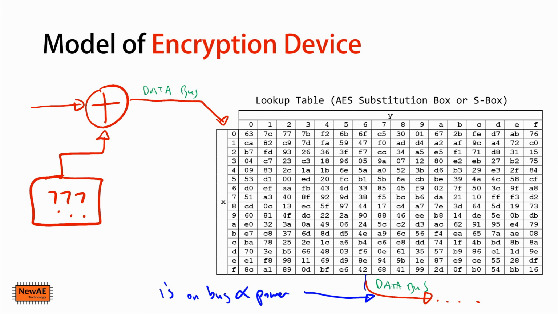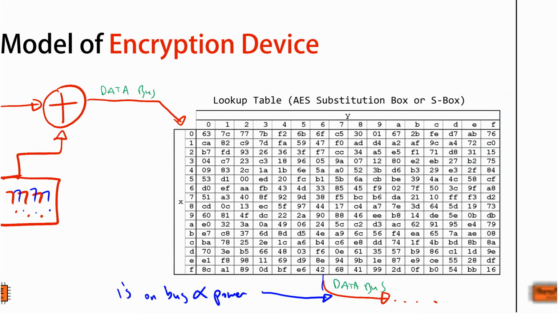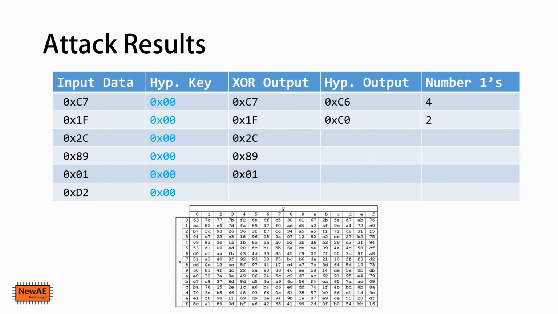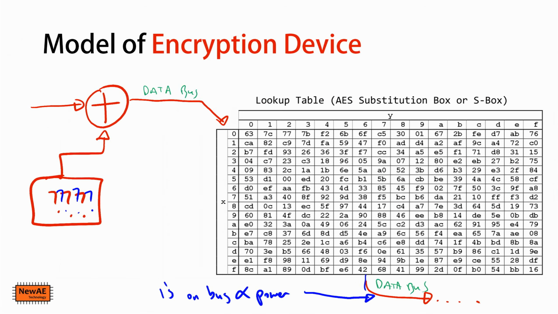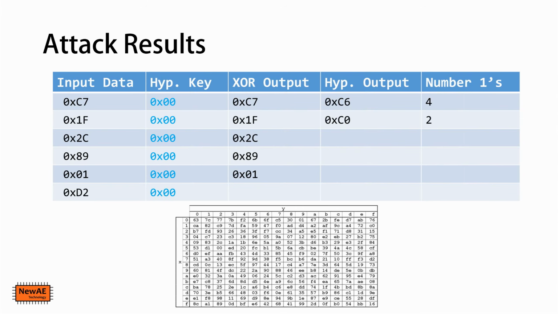Some of the attacks require a lot of experimentation to figure this out, but this is the type of thing we're doing. So we haven't looked at all at what this secret is. And what the attack will be is that I could guess what the value of that byte might be. So I don't know what the byte is, but let's pretend I said that key byte is 00.